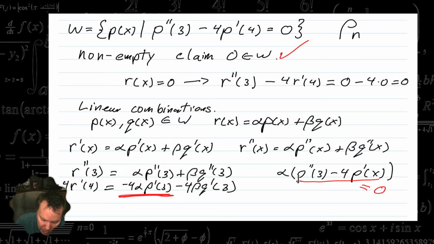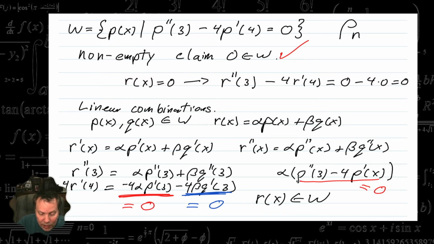So I know that this part here is equal to 0. Now, let's take a look at this piece right here. q is also in W, so I also wind up getting 0. All said and done, I know that this new vector happens to be in W because it satisfies the condition that I need.